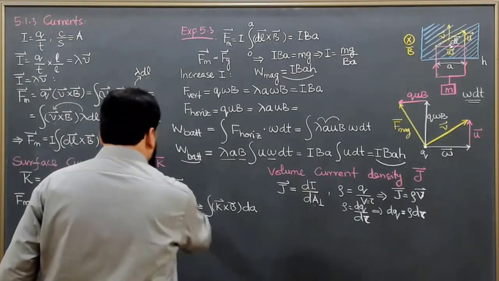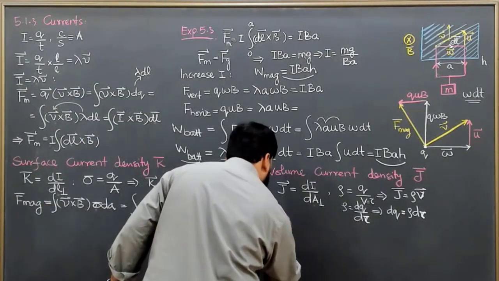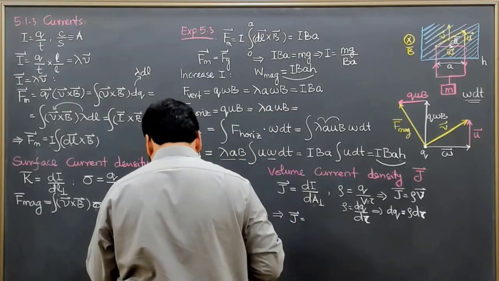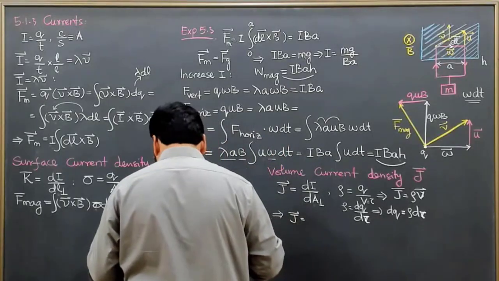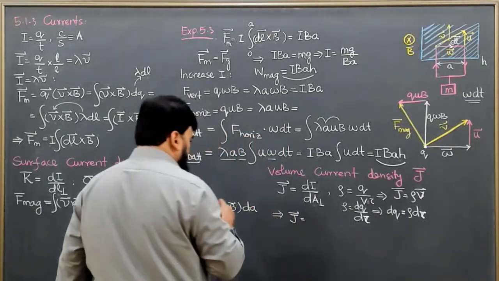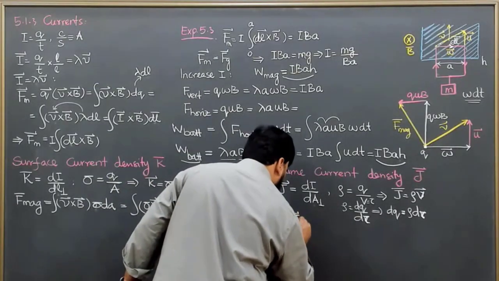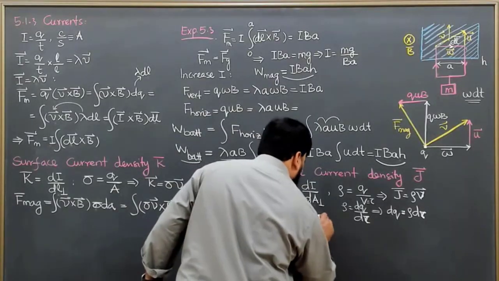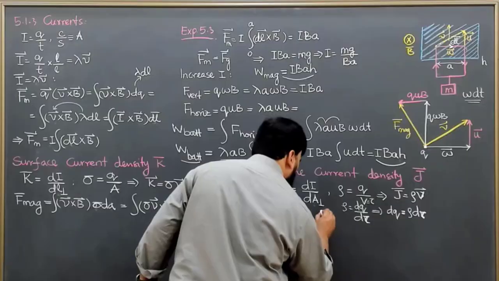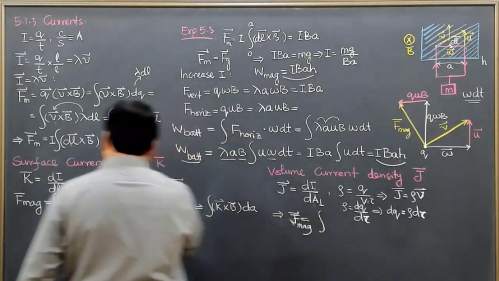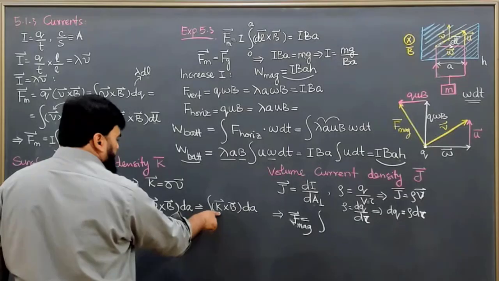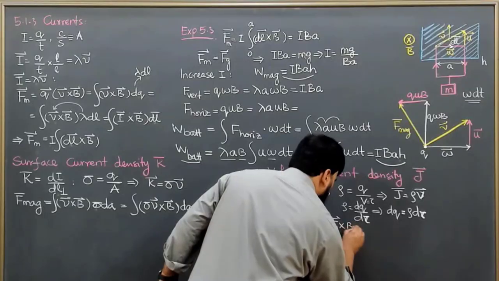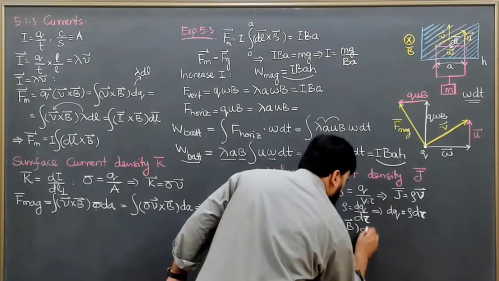Then I can write with the same symmetric equations that J is equal to, or F magnetic, I'm writing F magnetic in this form, will be equal to J cross B d tau.